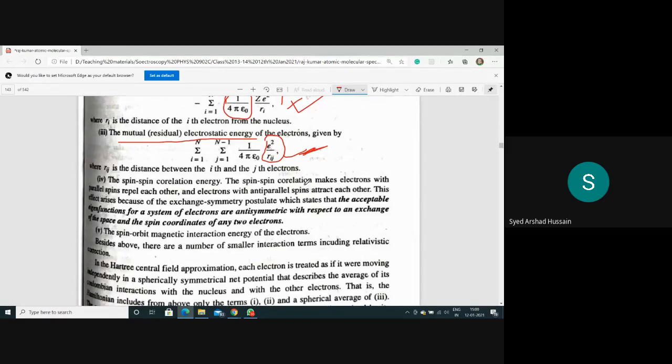So when you are trying to calculate the resultant moments, orbital or spin, there exists spin-orbital interaction also.